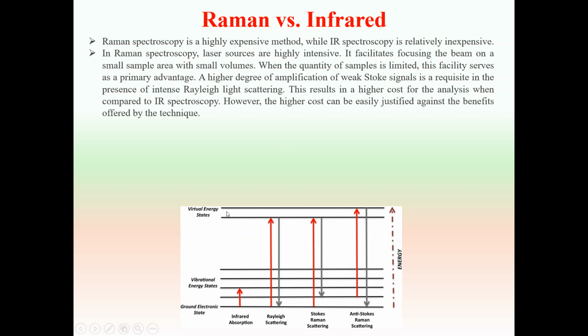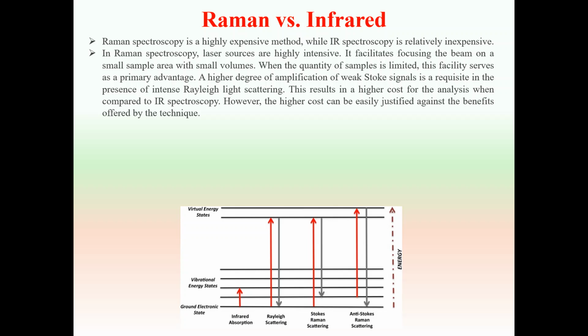These situations we have already discussed in the previous lecture, but here you can also see for yourself the vibrational energy states, the ground electronic state, and you can also observe the infrared absorption, Rayleigh scattering, Stokes Raman scattering, and anti-Stokes Raman scattering. We have already observed this kind of situation in the previous lecture. So this results in a higher cost for the analysis when compared to IR spectroscopy.